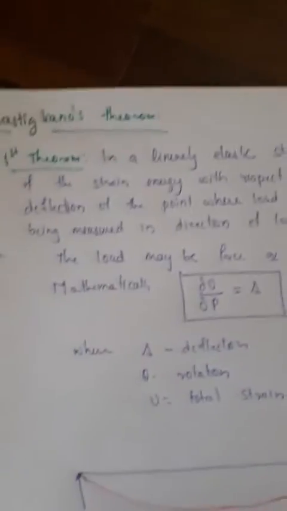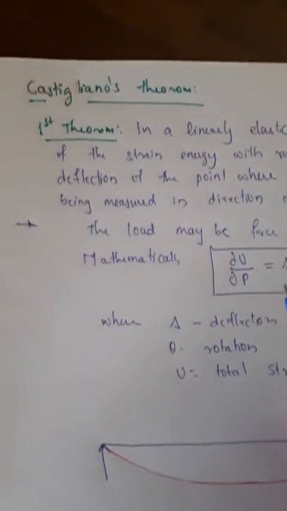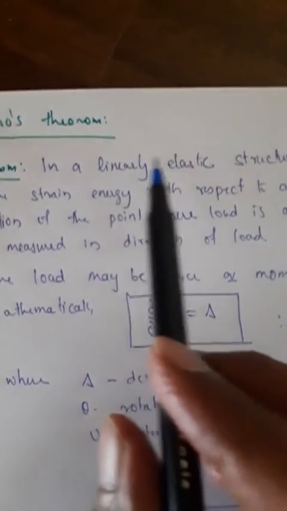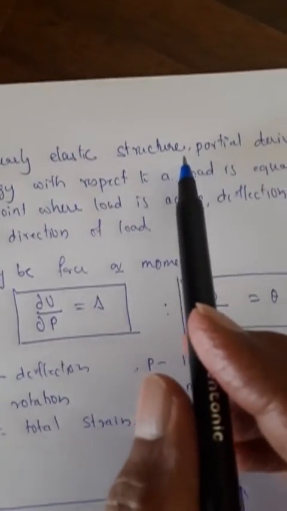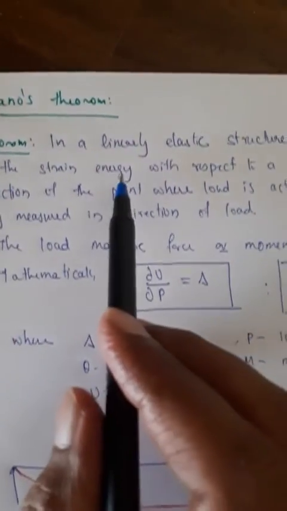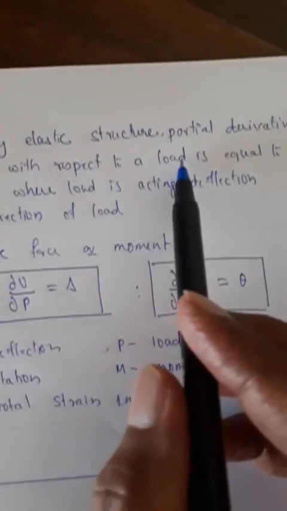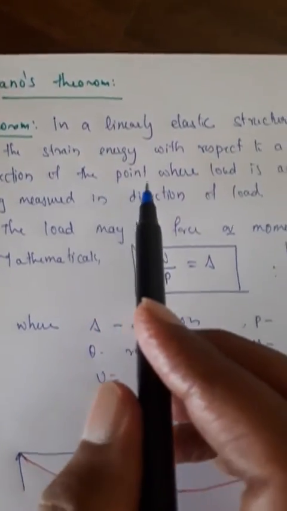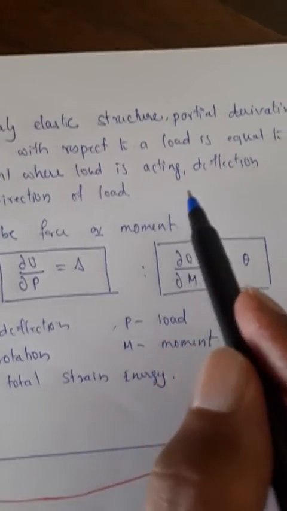So basically we will be studying only the first theorem of Castigliano. What it states is, in a linearly elastic structure, the partial derivative of the strain energy with respect to load is equal to the deflection at the point where the load is acting.